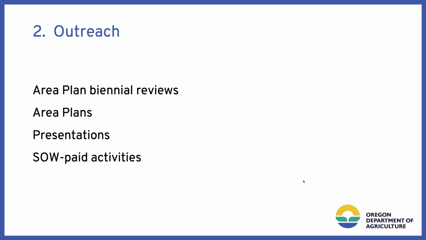So ODA does outreach through discussions and presentations at the biennial reviews, information in the area plans about issues and solutions, recommendations, etc. We do presentations a lot to soil and water conservation districts and all kinds of other partners about our program or aspects of our program. And then we pay you guys to do outreach. Also, there's a whole section in the scope of work on opportunities for doing outreach.